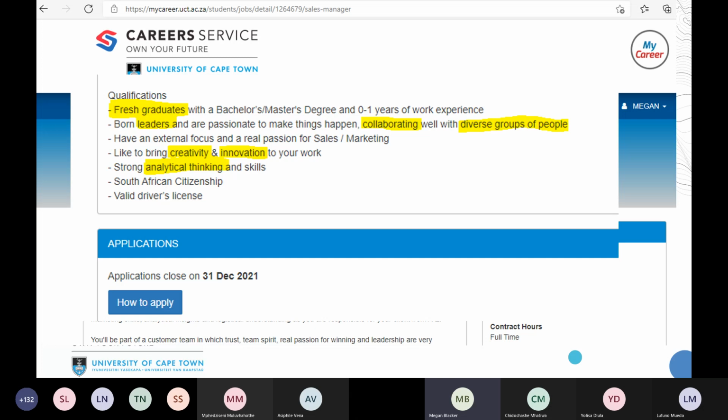This is a great example to show you how you can translate all of these experiences that you are undertaking into an application that you will make in the future.